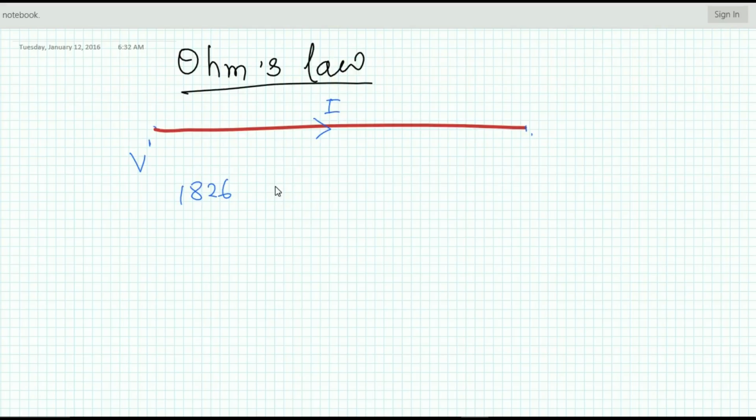In 1826, a German scientist named Georg Simon Ohm found a relation between the current and potential difference. According to his law, the current flowing in a conductor is directly proportional to the potential difference across its ends, provided that the temperature of the conductor and other physical conditions are constant.